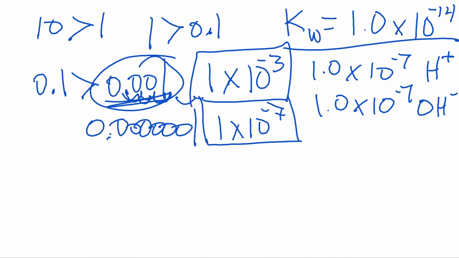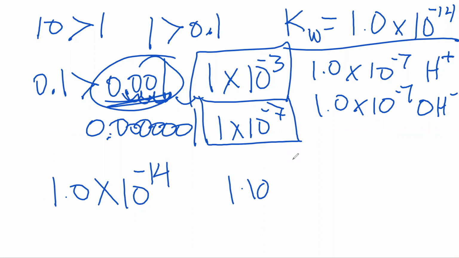So now, if we just use scientific notation, let me draw this for you, and you tell me which number is bigger, 1 times 10 to the -14 or 1 times 10 to the negative 1? Which one's bigger? Well, now that you know the decimal represents how many places to the left it goes, you know that this number is much bigger than this number.